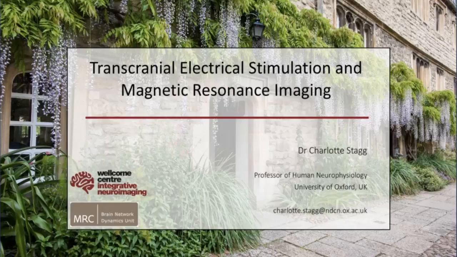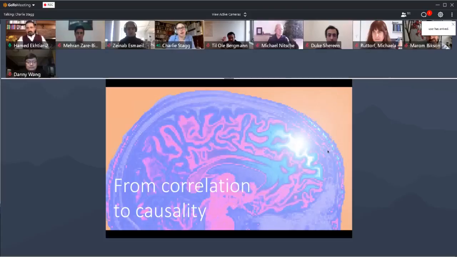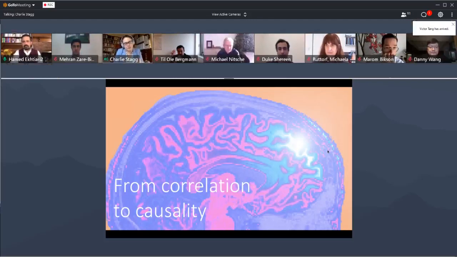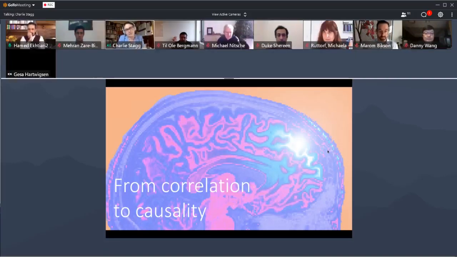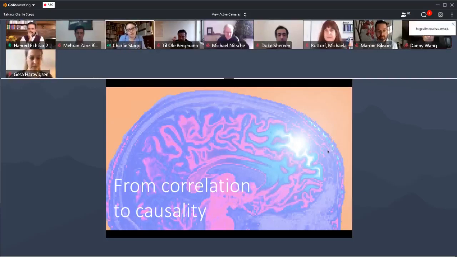Next slide, please. So we're used to imaging techniques, and I'm presuming most people here would work with them, but of course they are entirely correlational, right? And we can make inference and we can look at differences between groups, but determining causality can be very, very hard. And really, like the rest of the world, 15 years ago in Oxford, we were beginning to think, how can we go beyond the correlation?